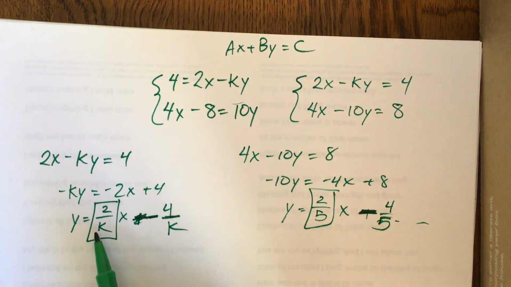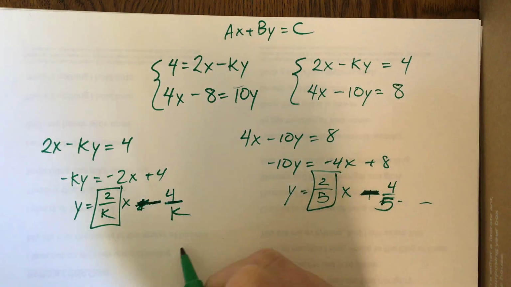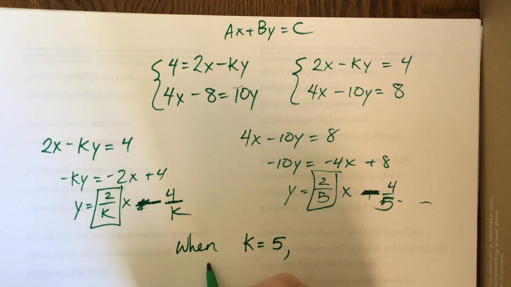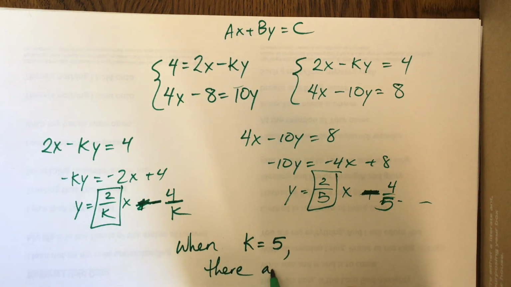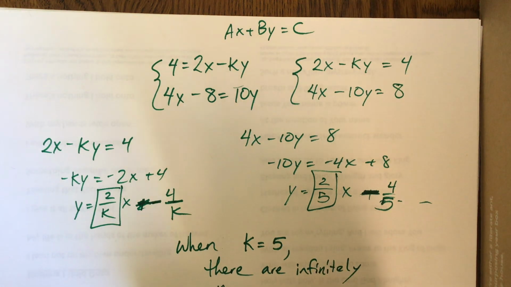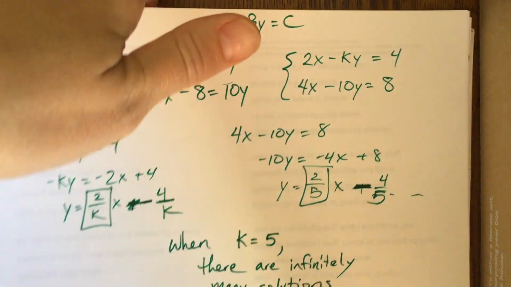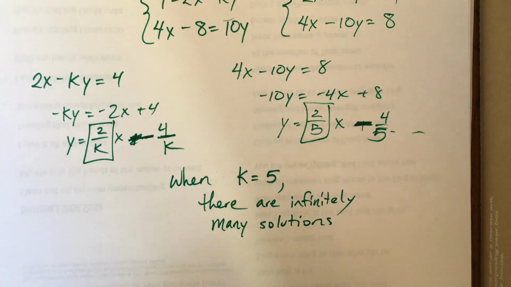Notice that in both of these, if k equals 5, we have the exact same line. So when k equals 5, there are infinitely many solutions. Now, back in Algebra 1 or Algebra 2, you could have stopped here and just said there are infinitely many solutions and moved on with your life.